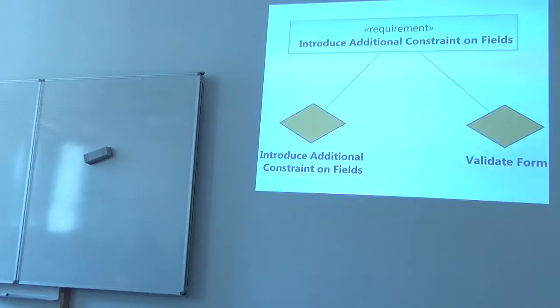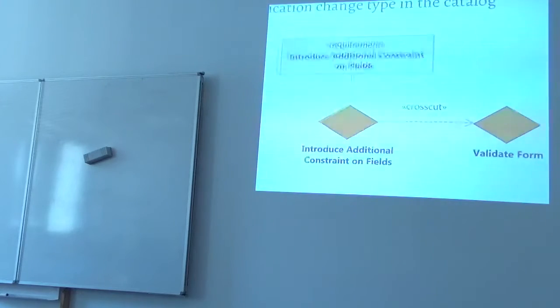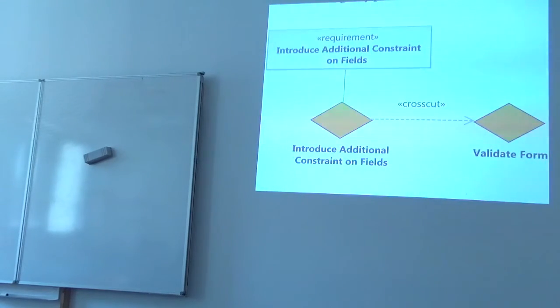I come to this solution, and this solution says that you should introduce this kind of aspect, introduce additional constraint of this type, that will cross-cut your validate form, which is, your login form is of this kind. You recognize these things. I'm just imagining this, how my system would be implemented. If it is implemented in some different way, maybe this change wouldn't apply.